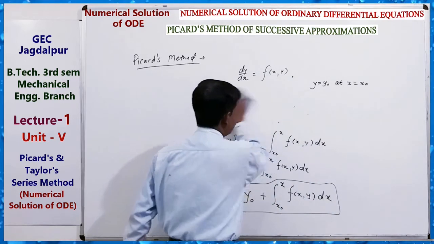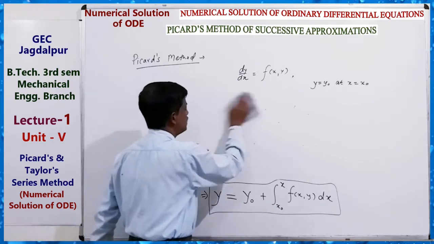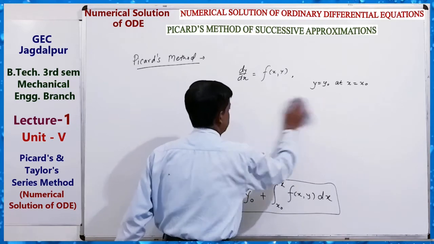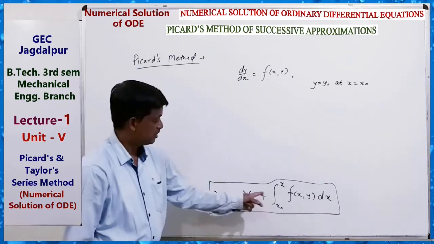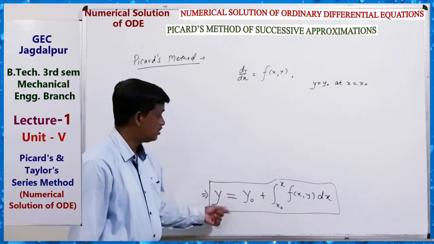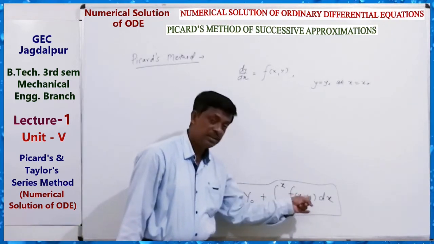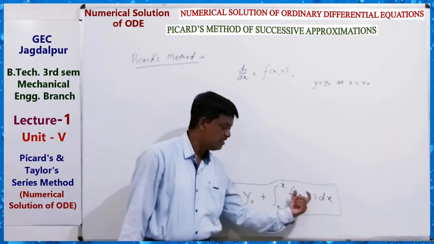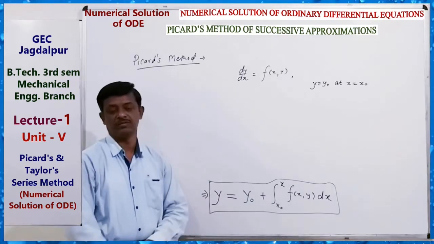Just see, in this relation there is an unknown quantity under the integral sign. We can say this is an integral equation, because we have to find the value of y in terms of x, but y is under the integral sign, as the integrand is a function of x and y. y is unknown here also.